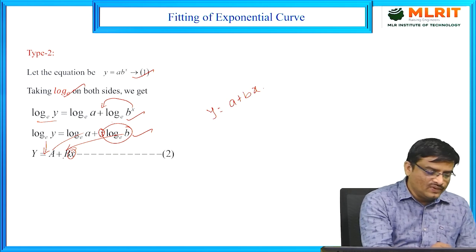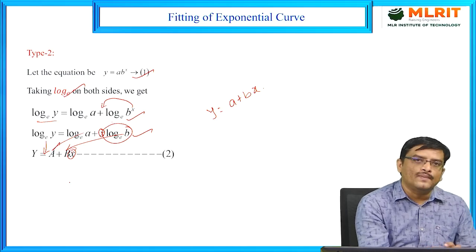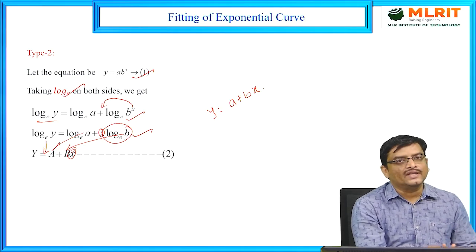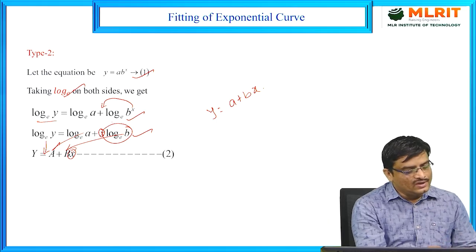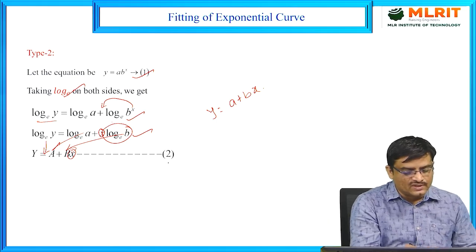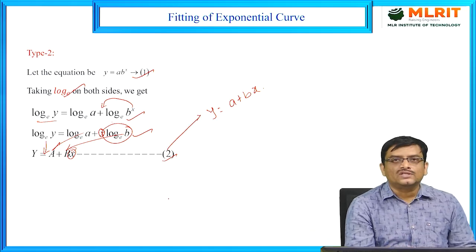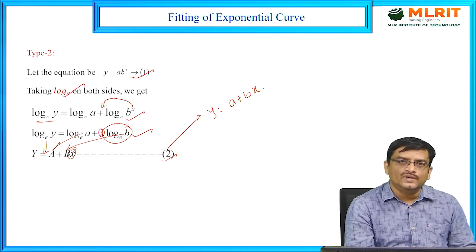Now if you want to get the values of capital A and capital B, then we have to take the help of normal equations here. So in order to get the normal equations for this equation 2, once again we have to take the help of the straight line y is equal to a plus bx.